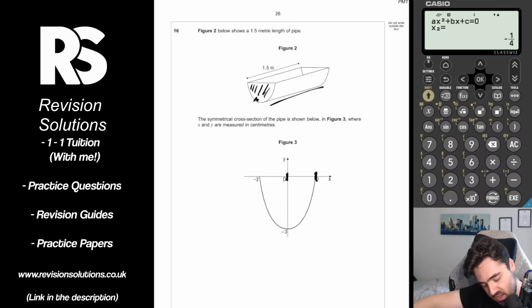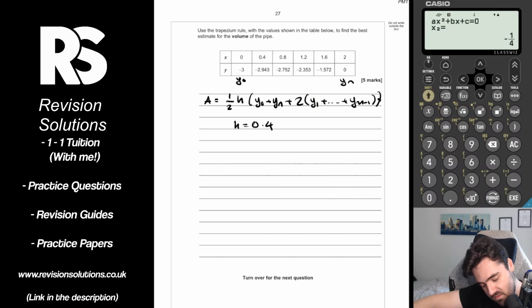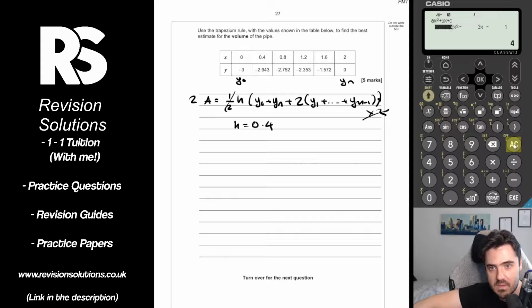So to get our area, we're going to need to take this and double it, so it's going to be this times a 2 on the end. All the times 2 is going to do is get rid of the half. Then we can plug our numbers into the formula.